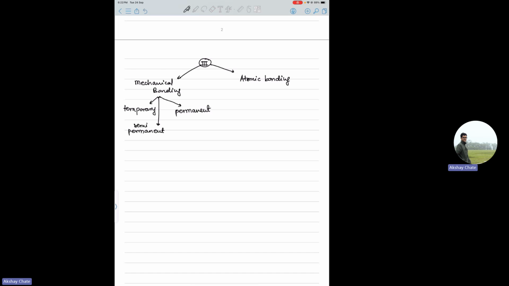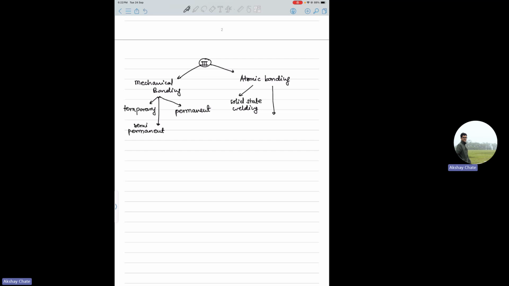And atomic bonding, you have solid state welding. Then there are like three, four categories under this: cold welding, friction welding, diffusion welding, hot forge welding. So those things we will see as much as the time permits.